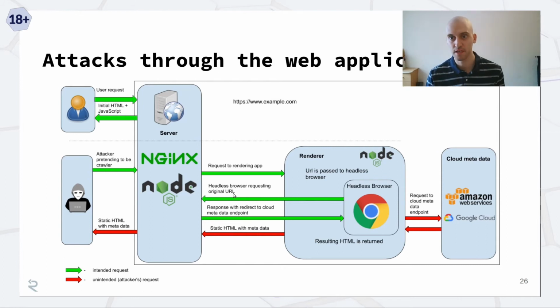As has been said, an attacker can somehow play with the results of what's passing into the headless browser, and the most common scenario would be to find an open redirect, because it's on the page, and not only find the open redirect, the open redirect link should also be passed to the renderer.